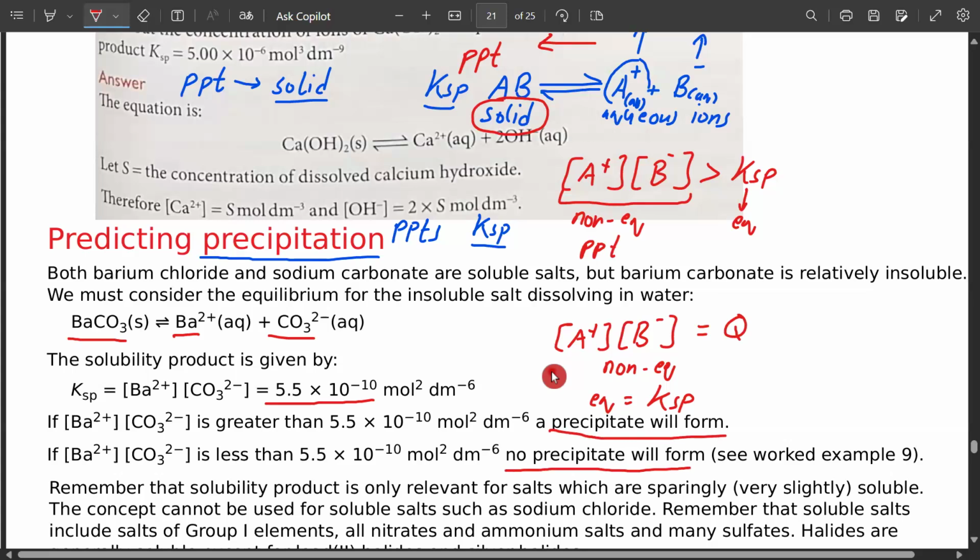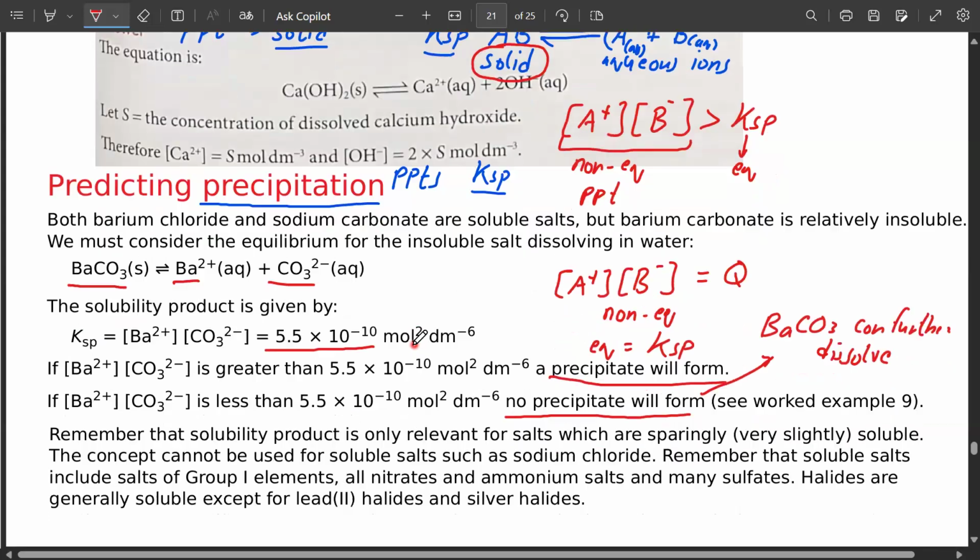If no precipitate is formed, that means barium carbonate can further dissolve. It has not reached the level of precipitation. That means we can add more barium carbonate into the solution. Is this clear?